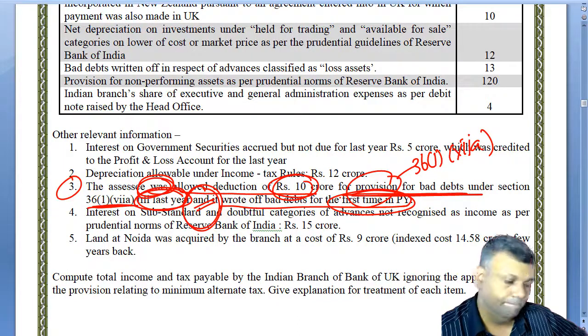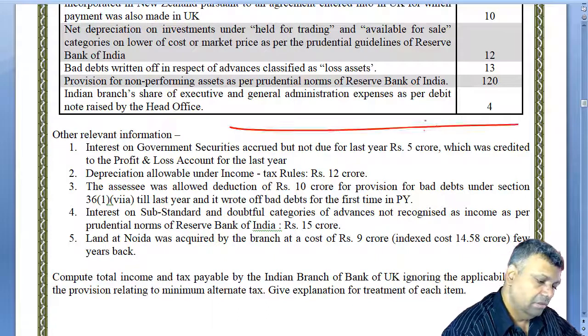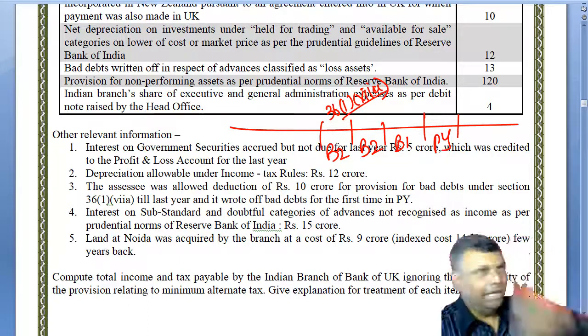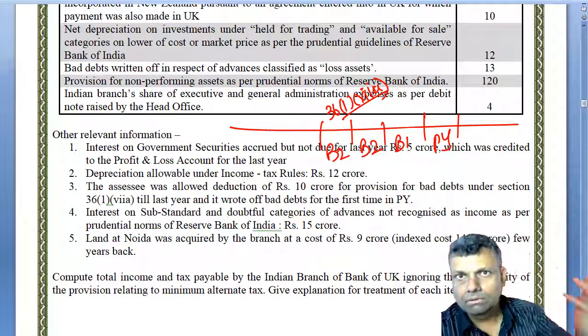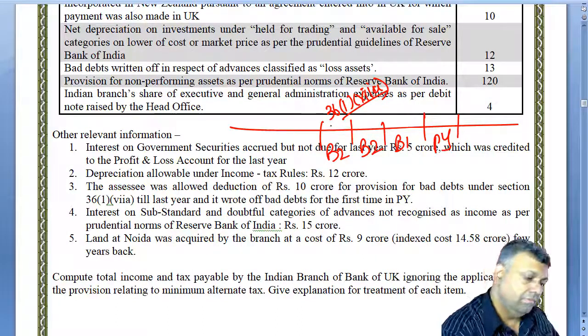Have you understood that? So if you put it in the time sequence, supposing previous year, before year, before year, you have already got 36.1.7 as standard deduction. Many years you must be getting. So every year you create a reserve and every year you get a deduction. So you have the amount of 1 year, amount of 2 year, amount of 3 year.